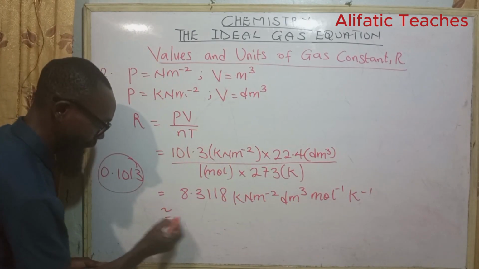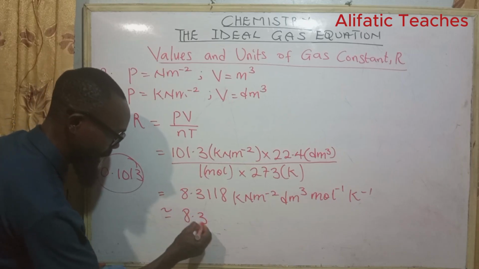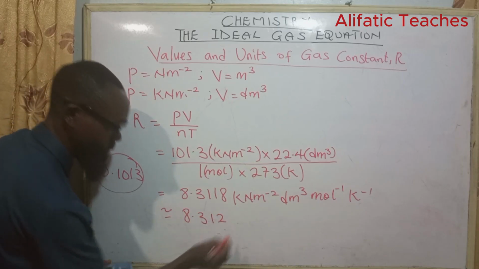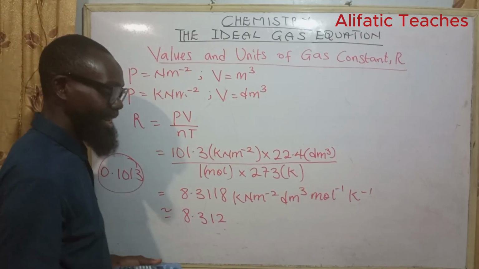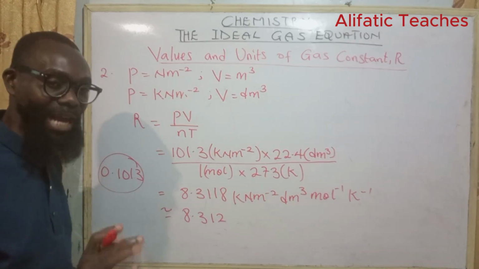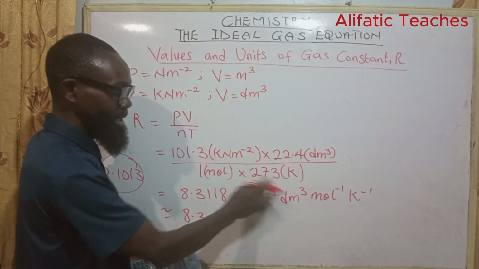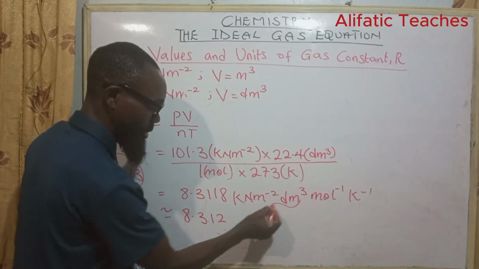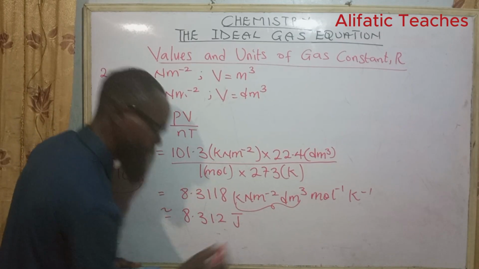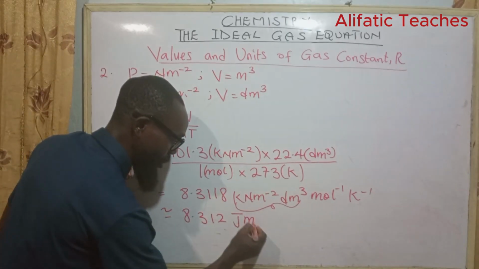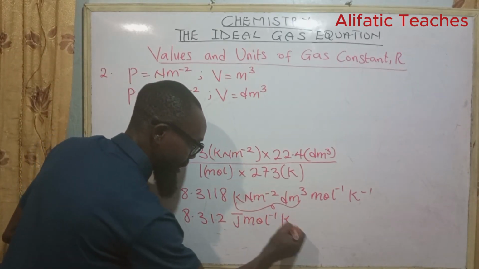So approximately we have 8.312. Now, in our physics, in our derived units, kilonewton per meter square dm cube, all these together give us joule, then per mole per Kelvin.